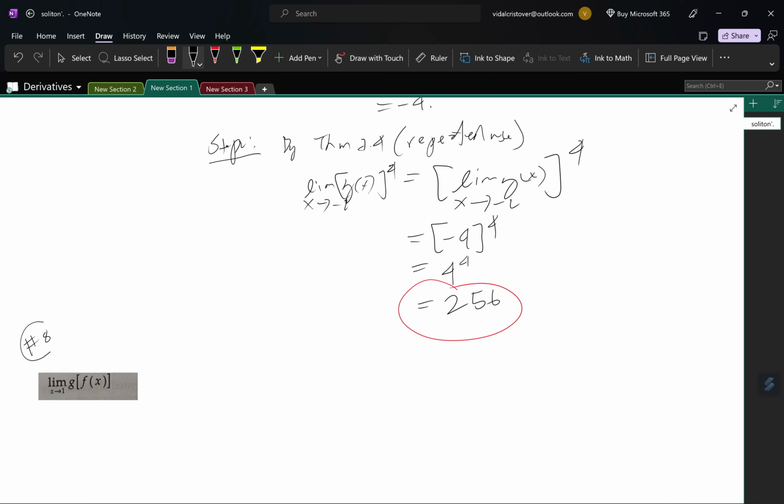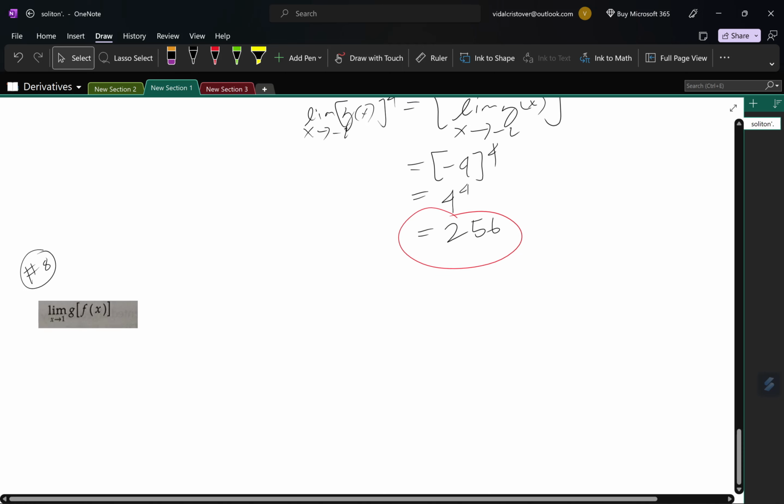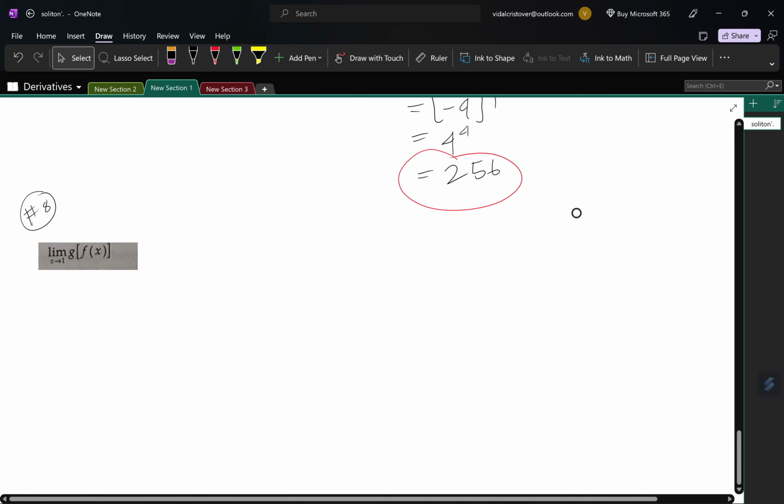Okay. Let us simplify g composed with f of x. We can use the direct solution here.